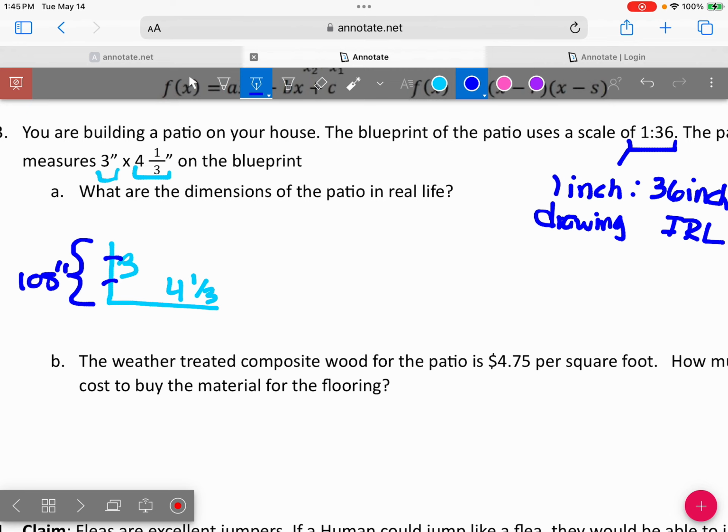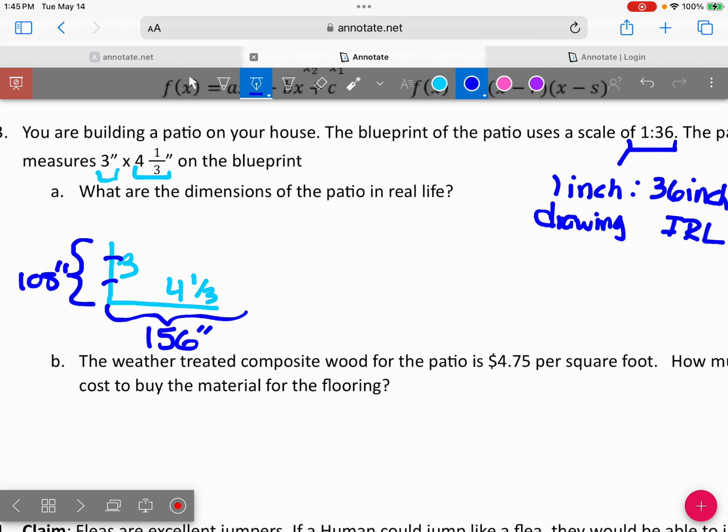You could also do 4 times 36 divided by 3 plus, or 4 times 36 plus 1 divided by 3. Like, it's a whole thing. You could do it as a unit change and get this to be a mixed number or an improper fraction and do it that way, which would be the easy way to do it. Either way, we should wind up at 156.